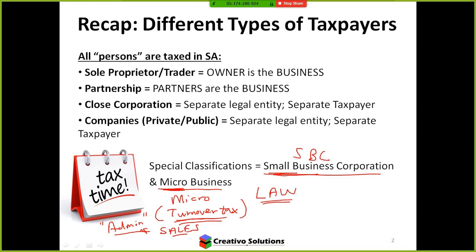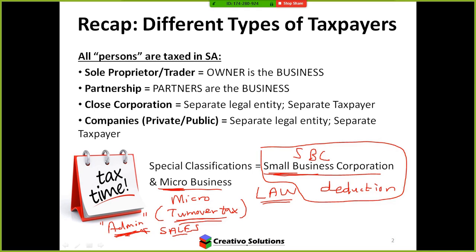And then if they choose to process more admin, so for example, if they want to claim certain deductions, then they're going to use this form of structure, or classification, right? SARS gives the SBC special deductions, which you'll only see later on. When we cover capital gains tax and we look at the use of different assets and so on, you'll see there's a section called allowances, but allowances specifically for assets that are being utilized.